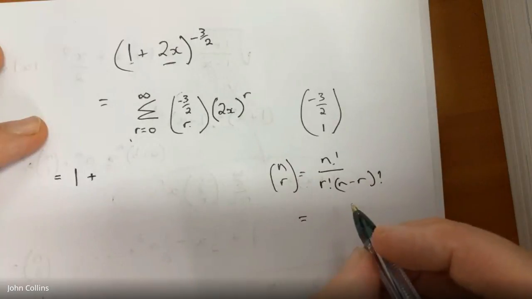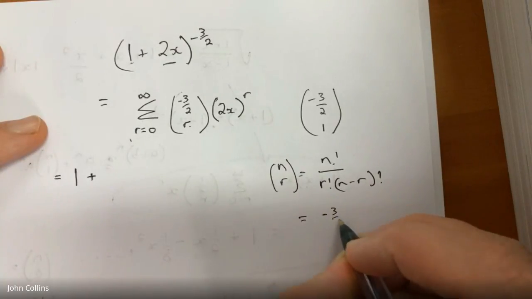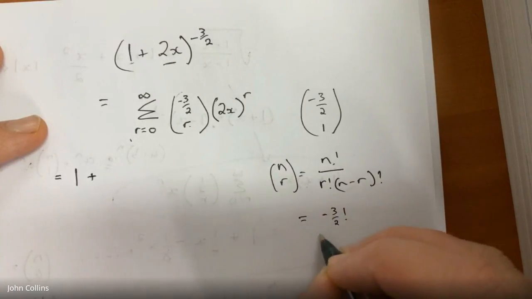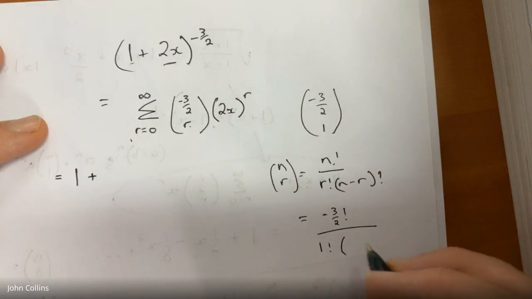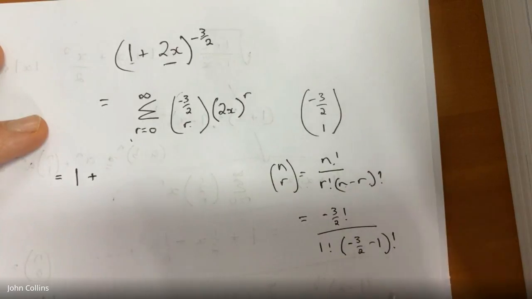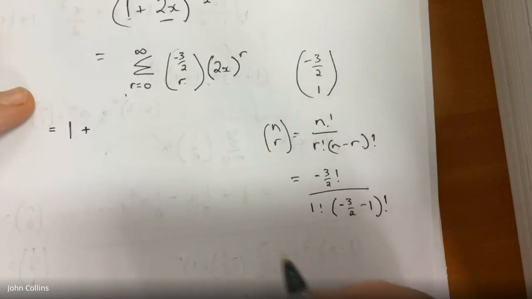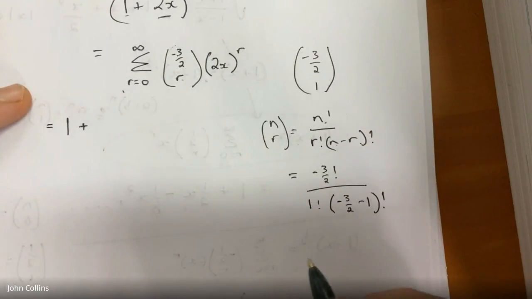So minus 3 over 2 factorial all over 1 factorial, and then n minus r, so that's minus 3 over 2 minus 1 factorial. Okay. So what would I do next?